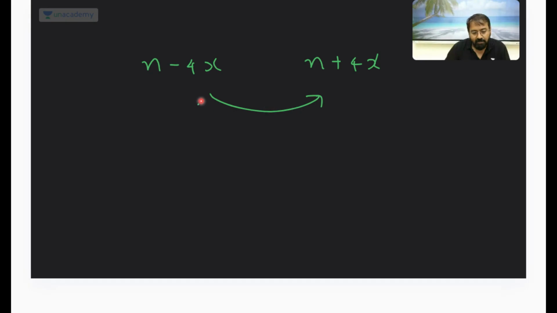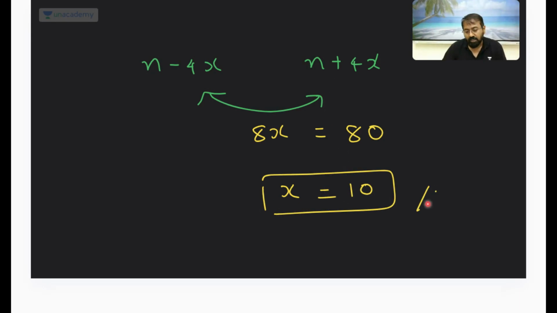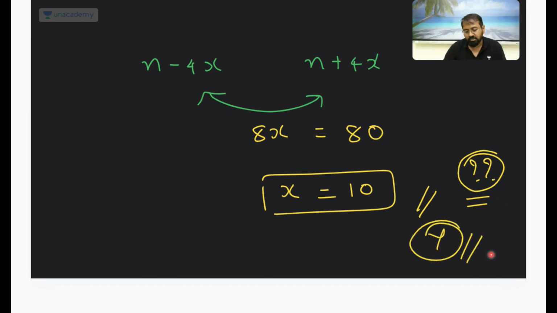Please understand, this difference is 8x and this is given as 80. So B will have 80 more chocolates, and x will be 10. Now, are you all clear? Guys, confirm once in the chat box, type yes if you have understood this. Come on, fast. क्या ये सबको clear है अभी?